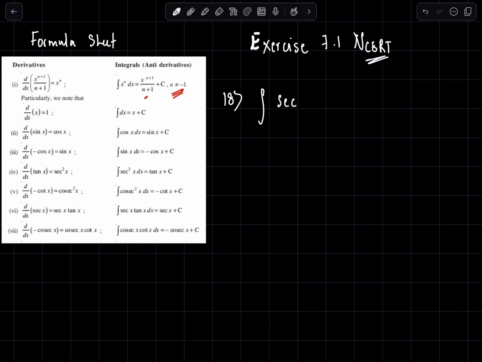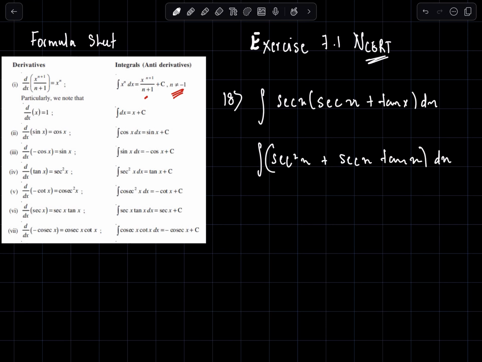So 18. Integral of secant x times secant x plus tan x dx. Okay, so let's simplify. Integral of secant square x plus secant x tan x dx.